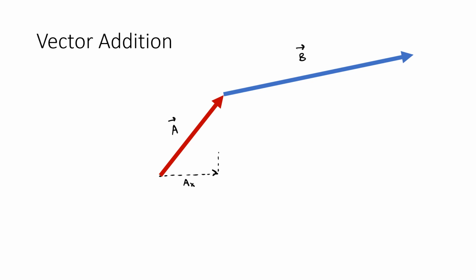And it has a vertical component called A sub y. Vector B, from where vector B starts to where it ends, is called B sub x. And from here up to where vector B stops, it's called B sub y.